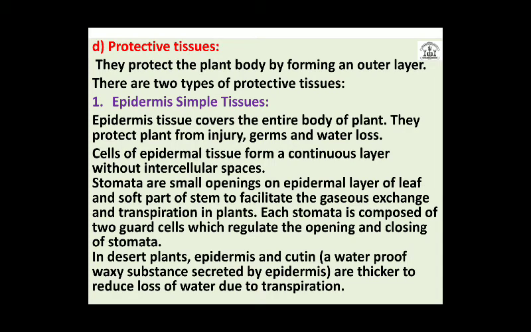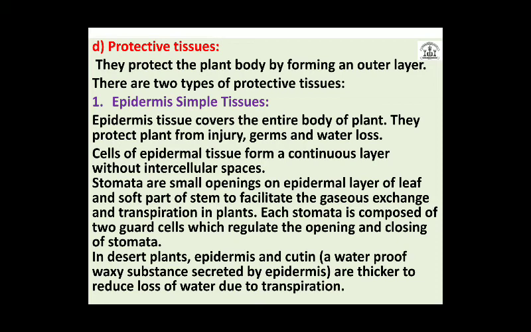They act as a path for gases or air to get in and out of a plant. So stomata is composed of two guard cells which regulate the opening and closing of stomata.